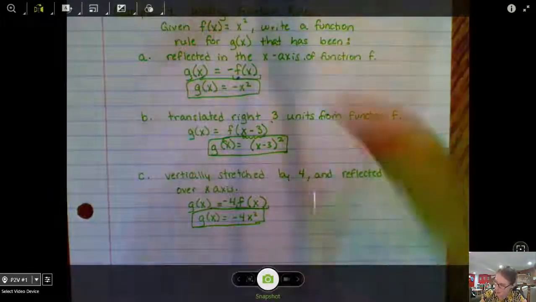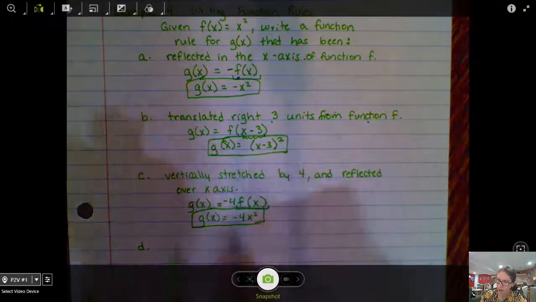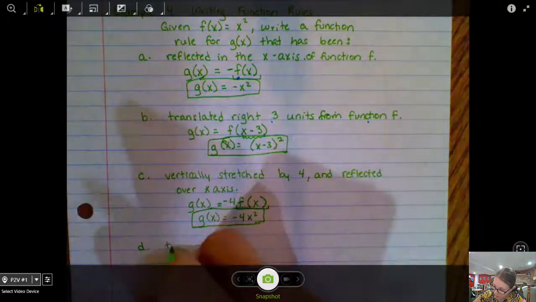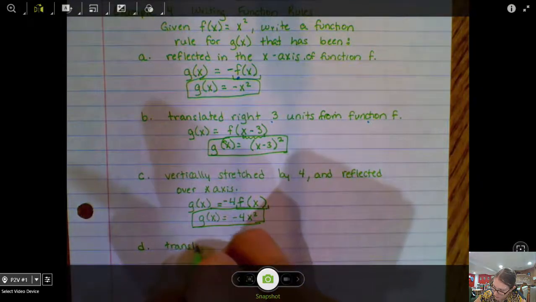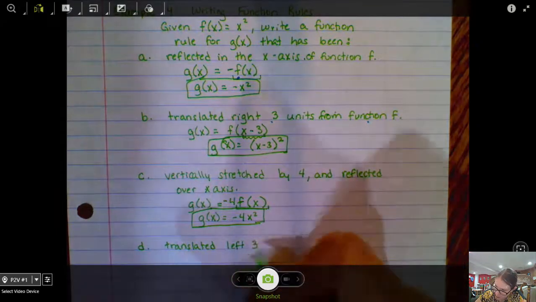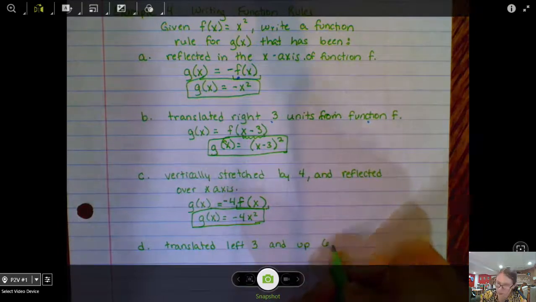All right, and last example, let's do 2 translations. Write a function rule for g of x that has been translated left 3 and up 6.